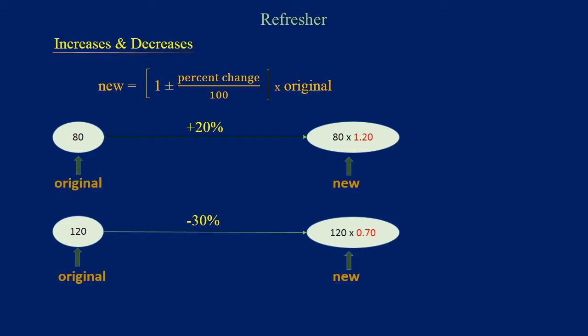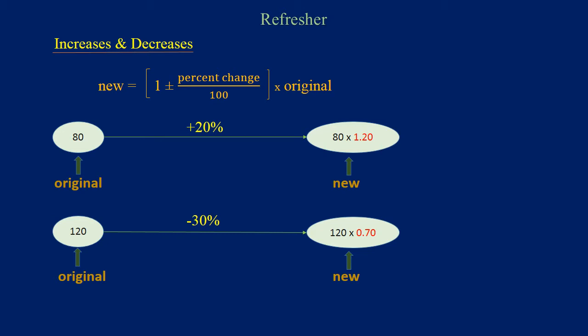Now let us refresh our memories and discuss percentage increase or decrease. Whenever there is a percentage increase or decrease in something, we apply the formula: the new value is equal to 1 plus or minus percent change over 100, into the original value. Let's suppose we have a value which is 80 and we increase it by 20%. Increasing a value by 20% means multiplying it by 1.20 to get the new value.